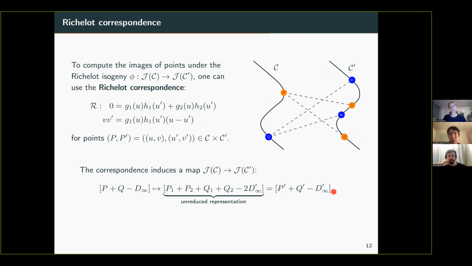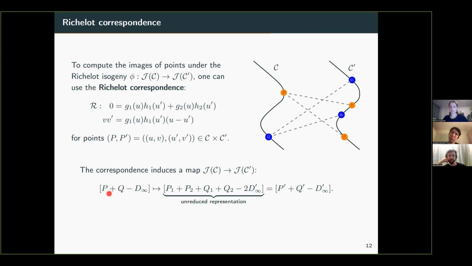So this explains the correspondence between points on C and C prime. But what we really want is to compute a map between the Jacobians of the curves and not the curves themselves. If we look at an element of the Jacobian, that's again represented by such a pair of points, P and Q. We apply this correspondence to each of the points individually.